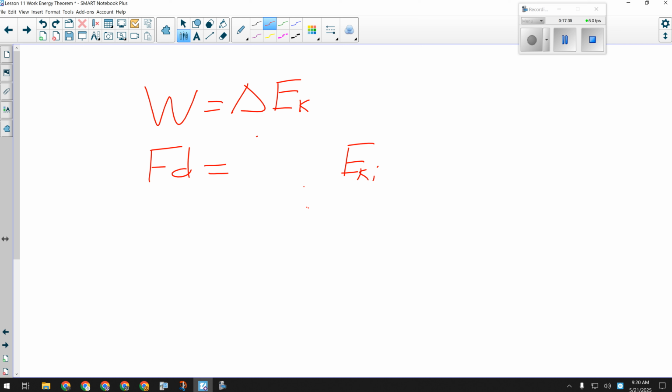So here are the numbers we're going to need for this. I want to calculate how far I will travel while stopping from 30 kilometers per hour. So here's what we'll say is true. My brakes can cause the formation of 12,000 newtons worth of frictional braking force.